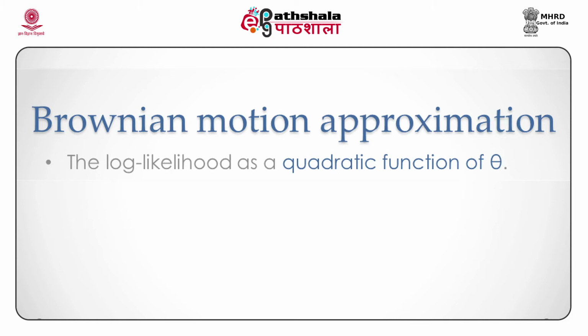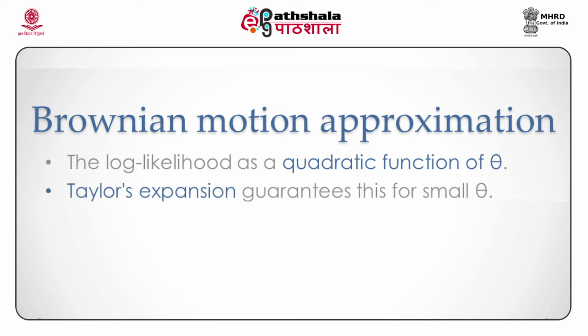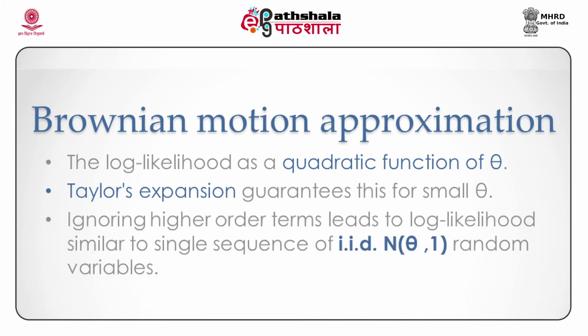So, consider the case when the log likelihood depends only on a single parameter theta. We can then expand the log likelihood in terms of theta using Taylor series expansion and ignore terms including the cubic and higher order terms.